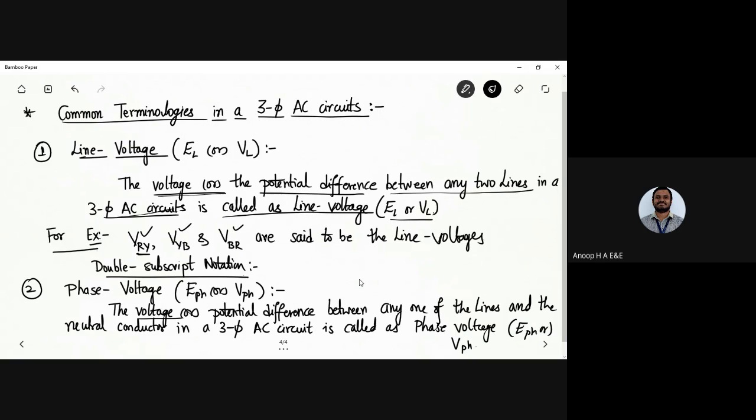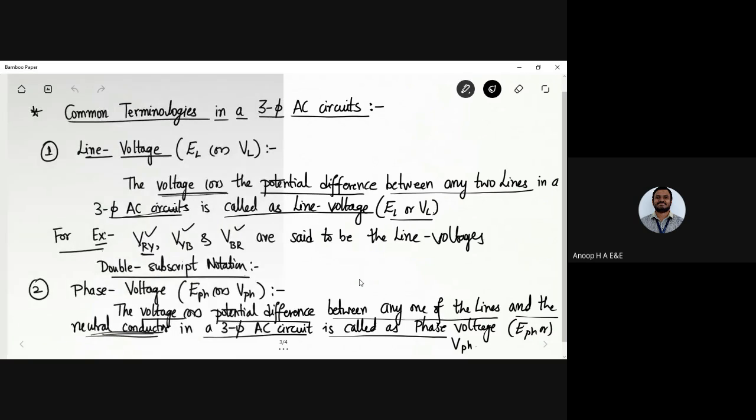So the voltage or potential difference between any of the lines and the neutral conductor in a three-phase AC circuit is called the phase voltage, or the potential difference across any one phase. So if I measure the voltage across any one phase, it is also called the phase voltage.